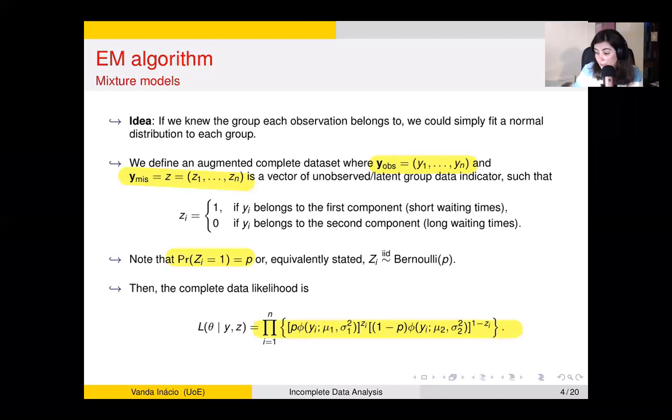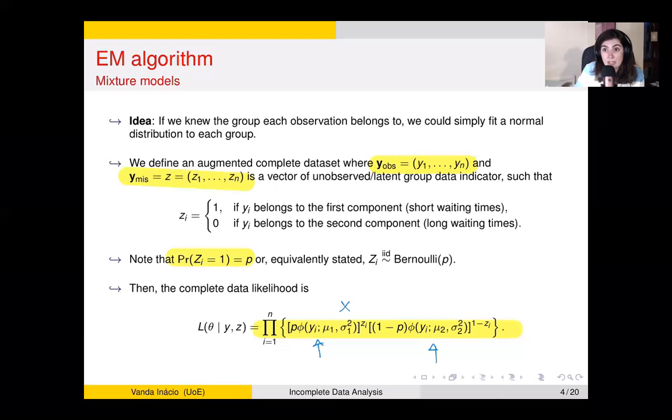Why? Because if Zi is equal to 1, this component will be active, correct? And I know that by definition, Zi is equal to 1 when yi comes from the first component. When Zi is 0, I know that this component will not be active, but this one will be active.